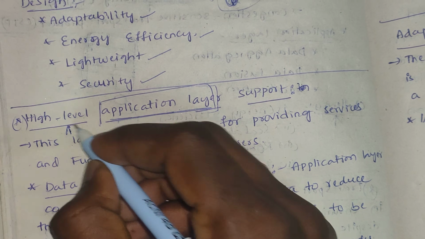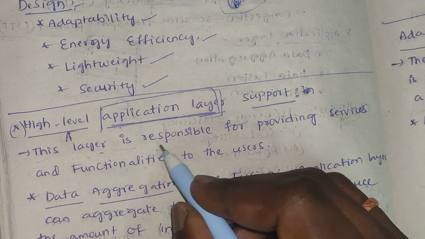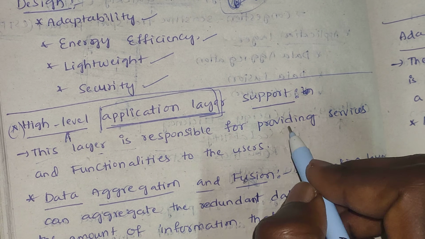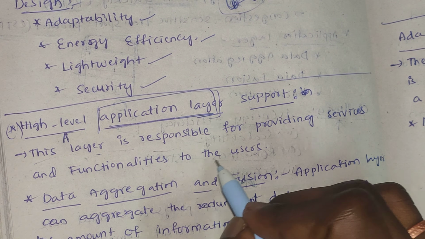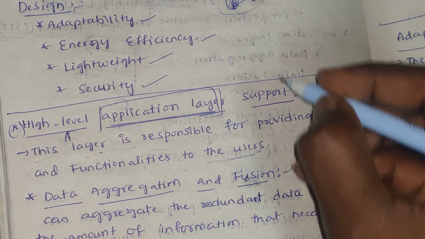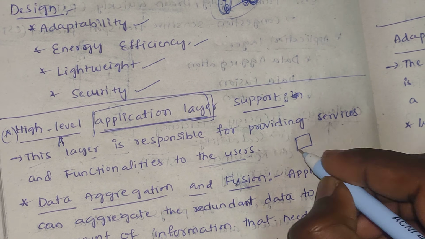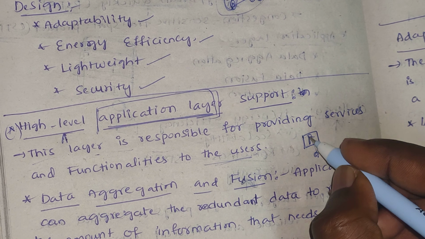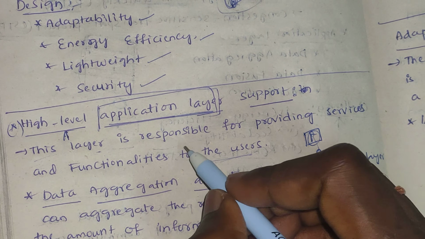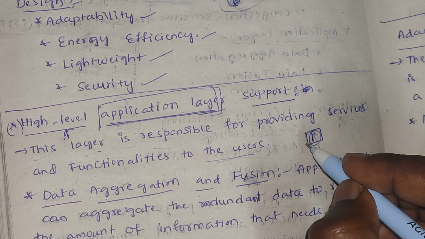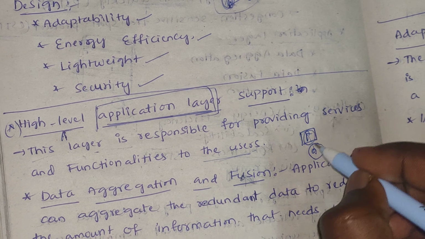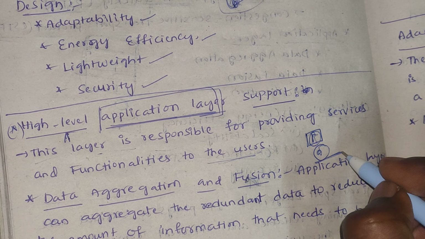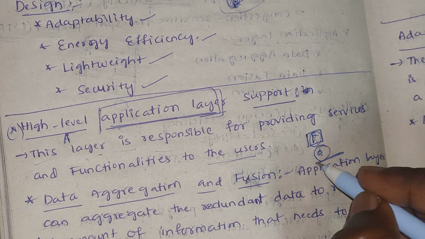In the application, the user has a user interface and can interact with it. The application layer provides the services and functionalities to the users, whatever their needs or requirements are.